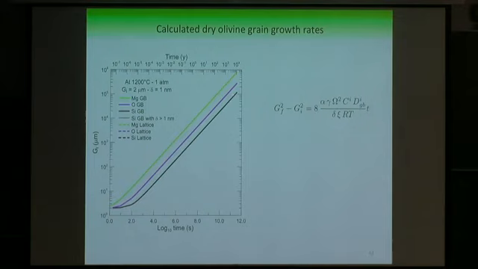Here for a temperature of 1200 degrees Celsius, pressure of 1 atmosphere, and an initial grain size of 2 micron. Now, if I plot the lattice diffusion dependent grain sizes, you can see that the grain sizes are way below the grain sizes which are grain boundary diffusion dependent.